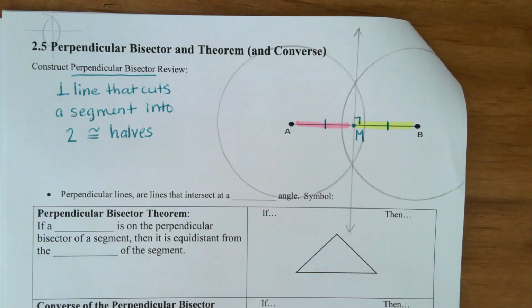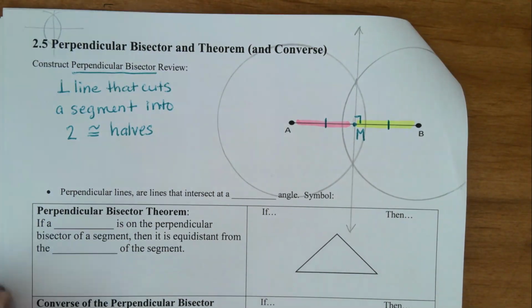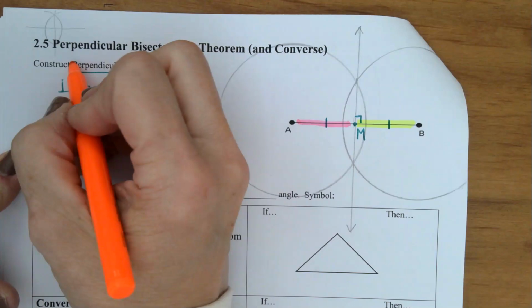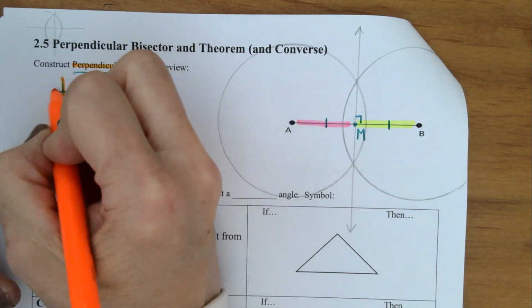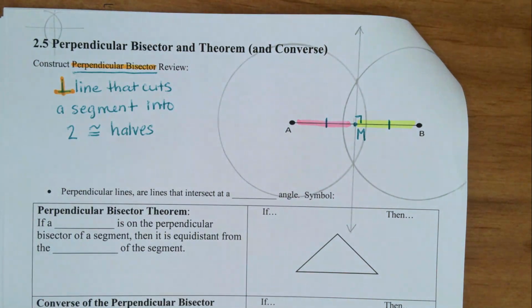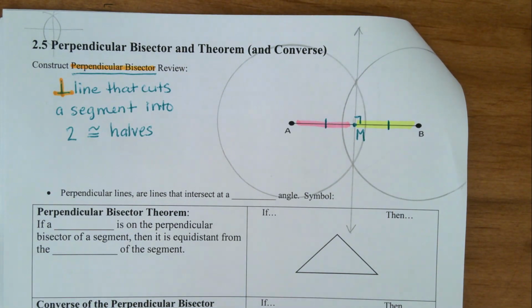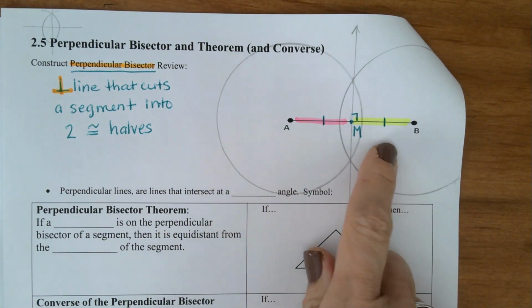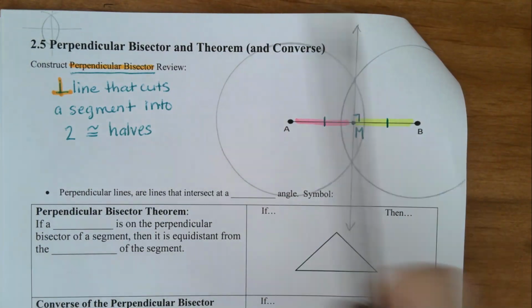Okay? It's a perpendicular line that cuts a segment into two congruent halves. So, you guys remember that, right? Well, we're going to build on that today.